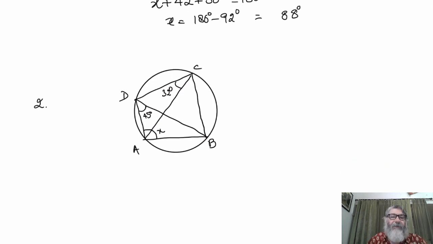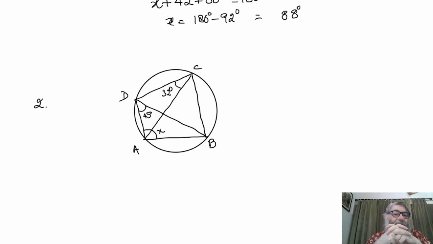Now in this figure, again if you look, ABCD is a cyclic quadrilateral. But we are not applying any property of cyclic quadrilateral here, because the way the angles are given, I cannot apply the cyclic quadrilateral property.